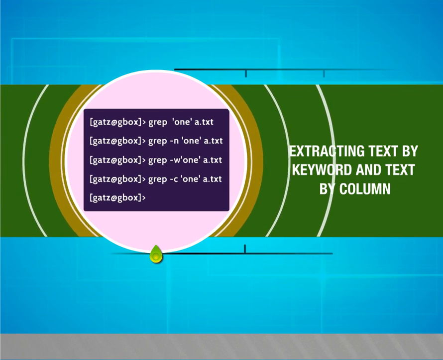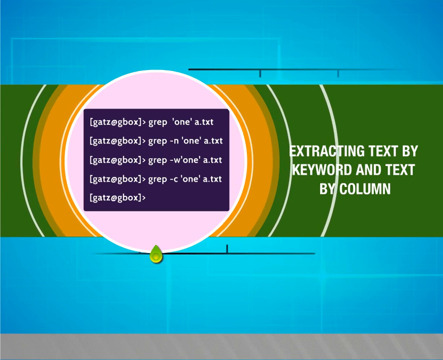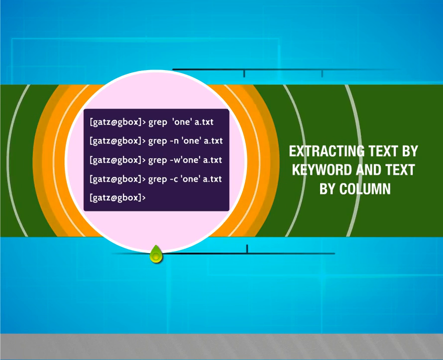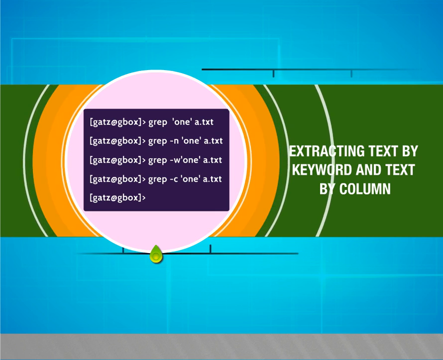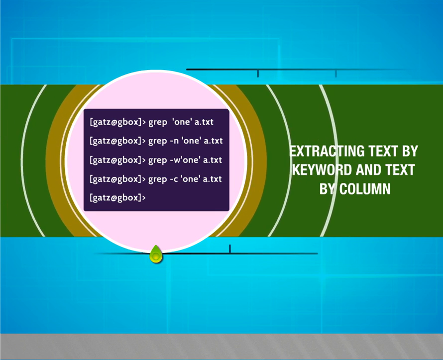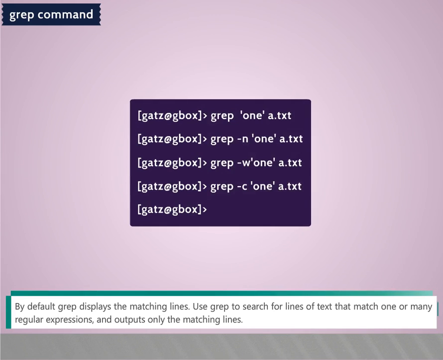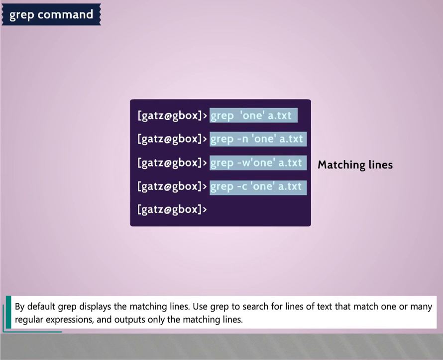Extracting text by keyword and extracting text by column. In this video, we are going to see about extracting text by keyword and extracting text by column. grep command. By default, grep displays the matching lines.